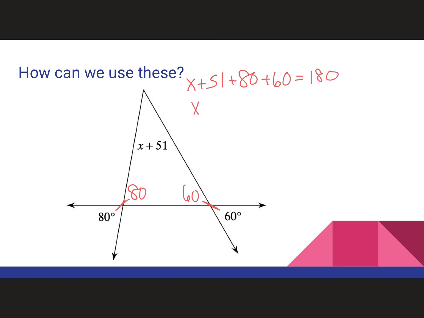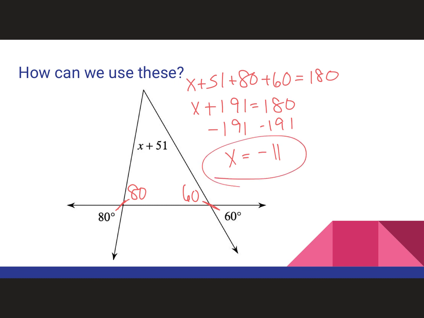So I have x plus 80 plus 60 plus 51 is 191 equals 180. I'm going to subtract 191 from both sides. I get x equals negative 11. And we can get negative answers for this, so x is negative 11 in this case.